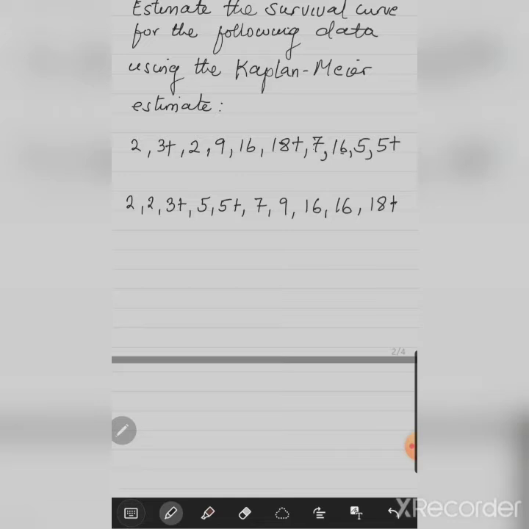I'm going to estimate the survival function at each time, and S of t is whatever values I get from my calculations.